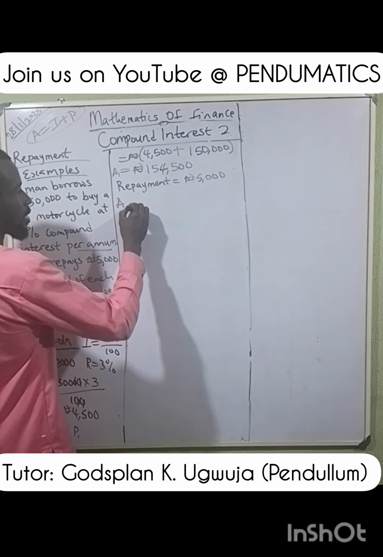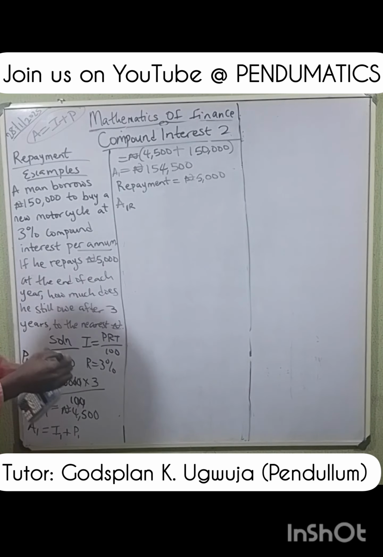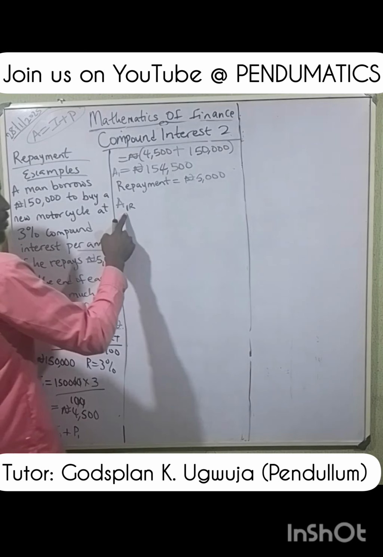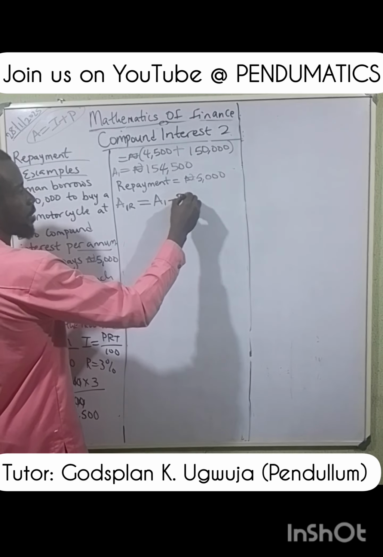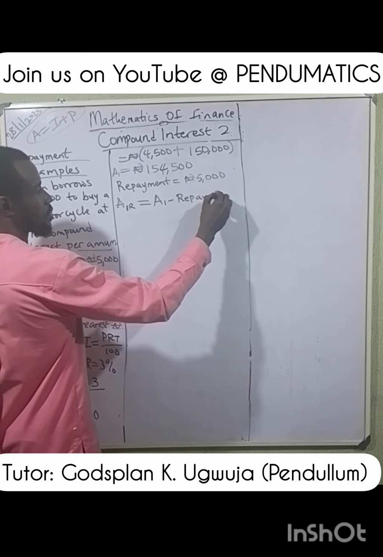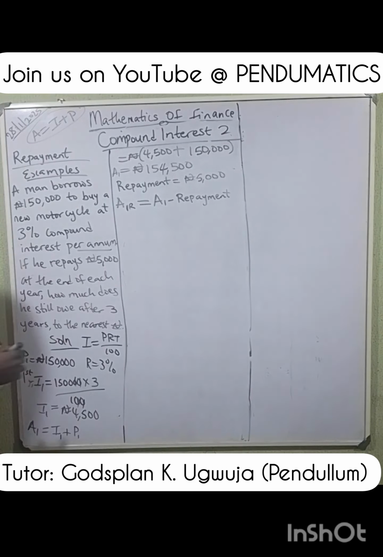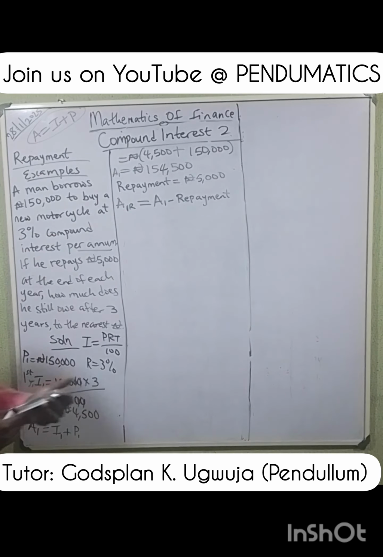the amount for the first year after repayment, A1R, will be A1 minus repayment. Don't forget this. If it's a repayment question, at the end of each year, once you get the amount, you remove what he has repaid. He was owing this, but then he paid back 5,000.